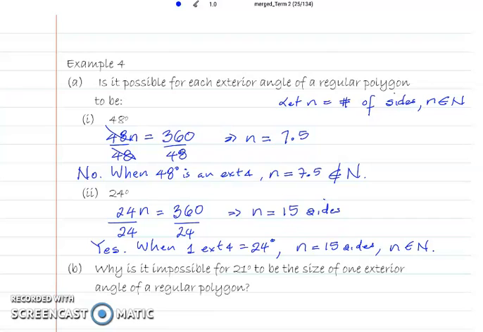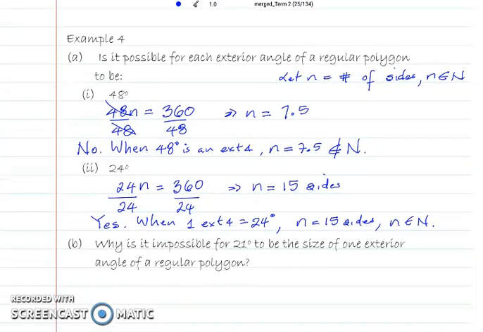So if n comes out to be a natural number, and that is 1, 2, 3, well, it can't be 1 or 2. n has to start from 3 because remember, a polygon must have 3 or more sides. So if n is a natural number greater than or equal to 3, then yes, the exterior angle can be that size. If n is not a natural number, then the answer would be no.